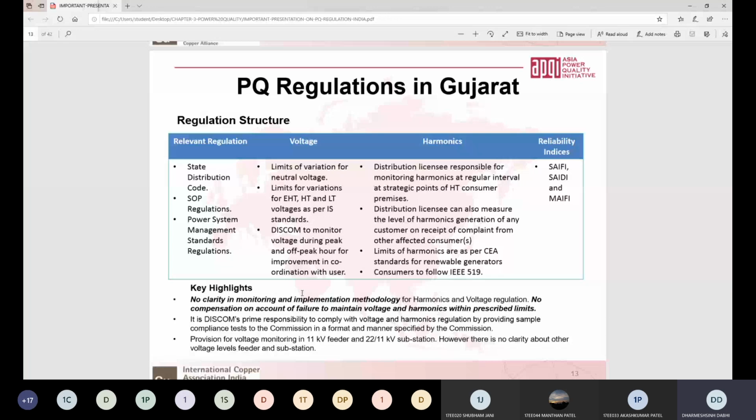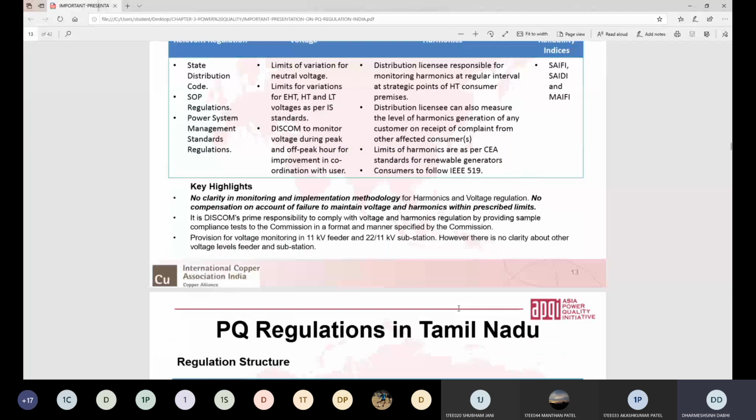In Gujarat, the DISCOMs, distribution companies, are responsible for monitoring the voltage during peak and off-peak hours for improvement of voltage quality. In the same way, harmonic standards as per IEEE 519 are followed by the Gujarat SERC, and the same for reliability indices. Again, the problem is the monitoring and implementation of the standards. There is still no compensation provided to any customers for failure to maintain the voltage regulation, or for violation of power quality standards.